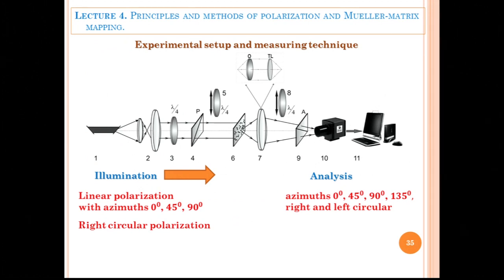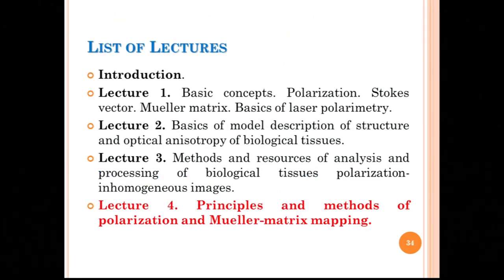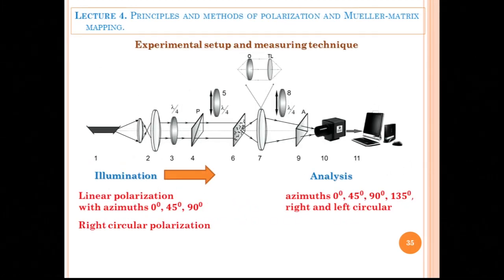So, finally, the principles and methods of polarization and Müller matrix mapping. Here is a Müller polarimeter, the so-called Stokes polarimeter. We don't speak about the procedure of measurement of the Müller matrix, only the Stokes vector.